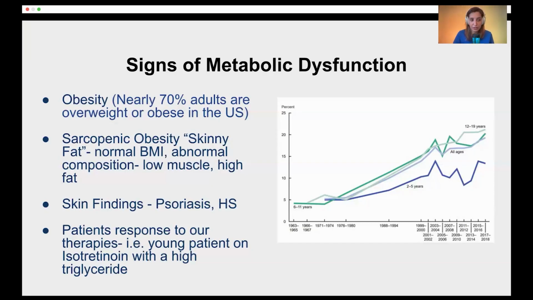So patients with sarcopenic obesity also can have metabolic dysfunction. The reason I bring that up is because you might see a patient with, let's say, psoriasis or hidradenitis suppurativa or other conditions where we've been trained and we know that there's a higher amount of diabetes and metabolic disorder associated, but doing a visual or doing a BMI is not enough.